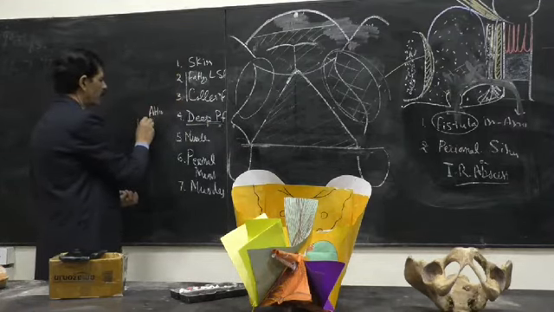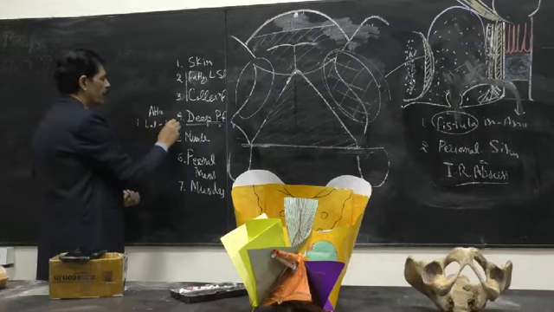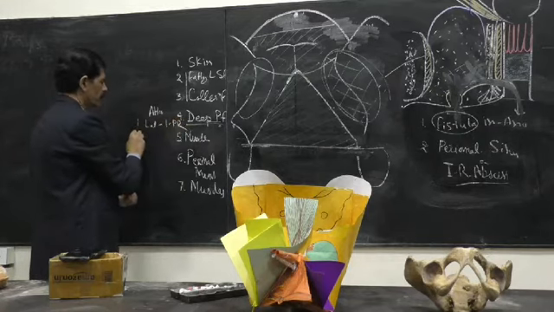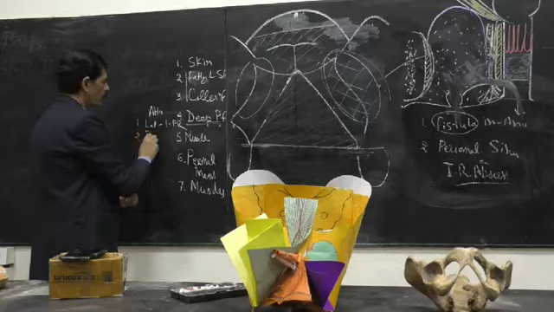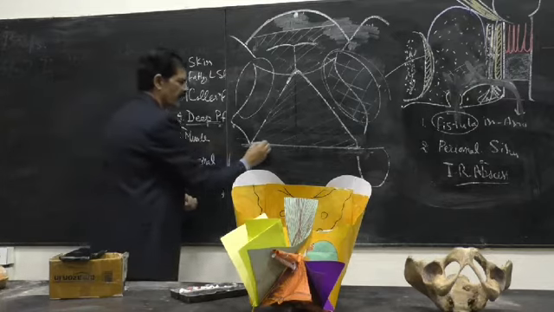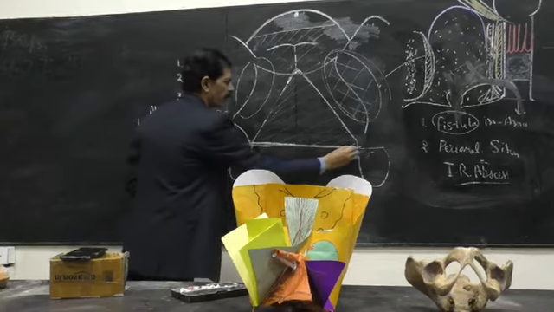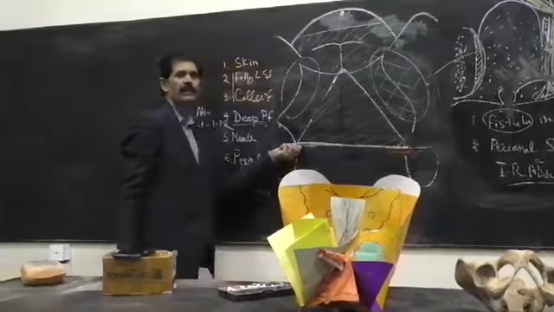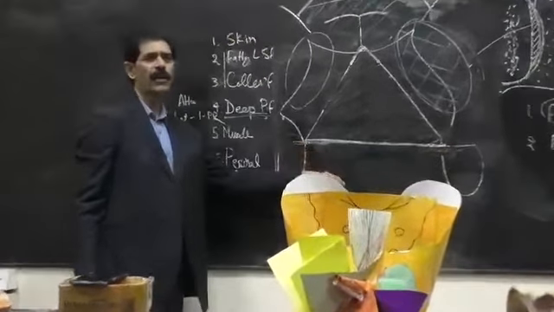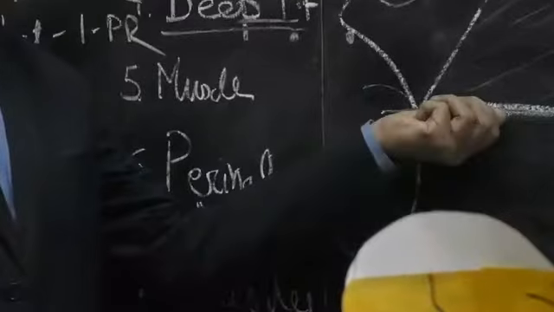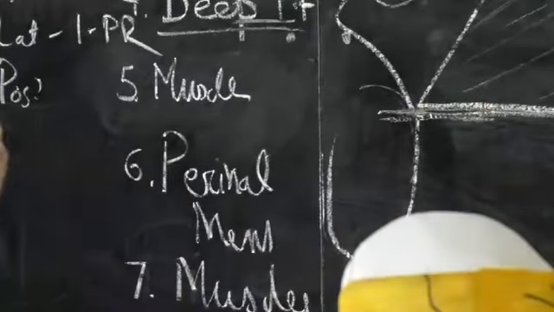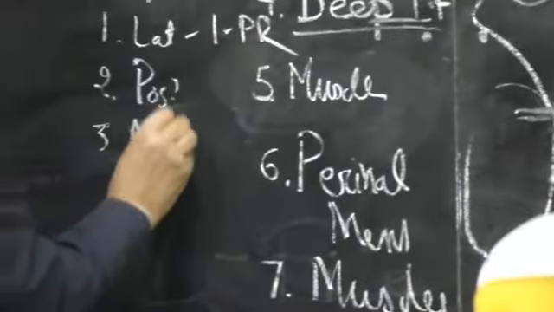Number one, laterally, the ischiopubic ramus. Posteriorly, it also ends like the Colles' fascia, along the same line. It doesn't go into the anal triangle. It ends here. Then anteriorly, that is very, very important, underline it.